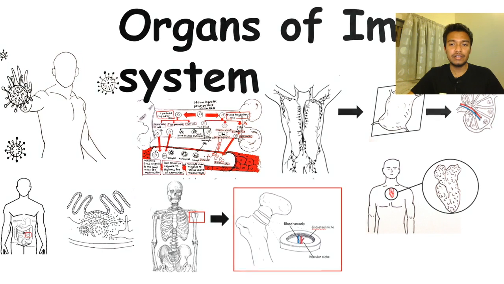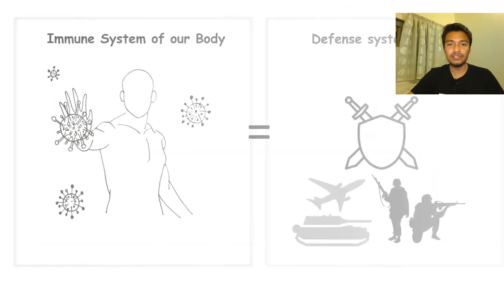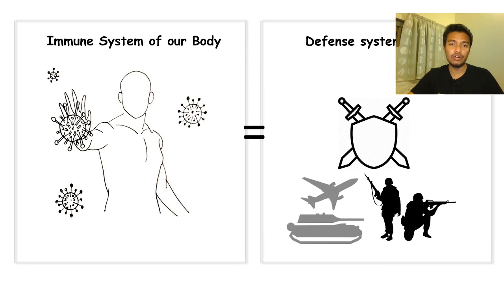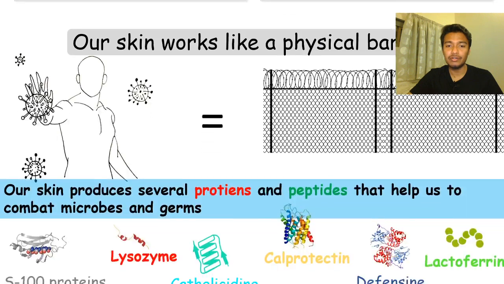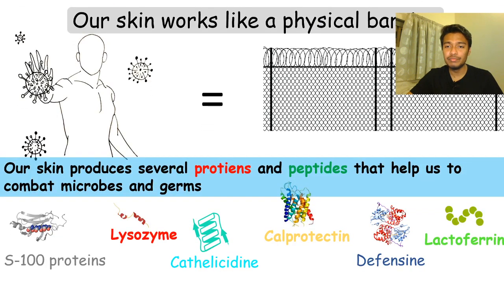Here, the organs of the immune system can be compared to the defense system of our body, and we are always going to look at the immune system from the perspective of a defense system. In that context, our skin is the first physical barrier.